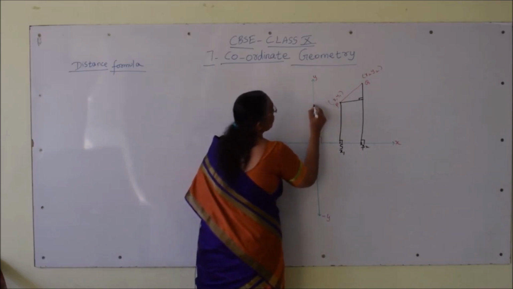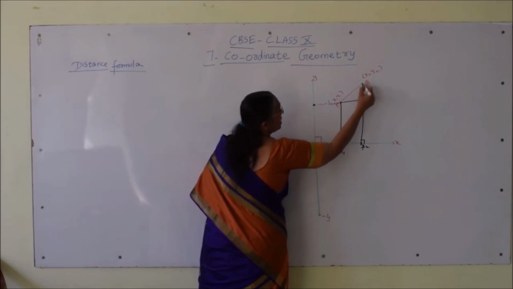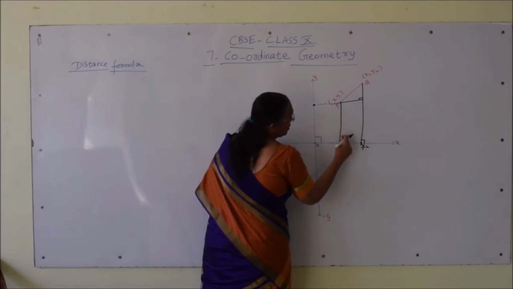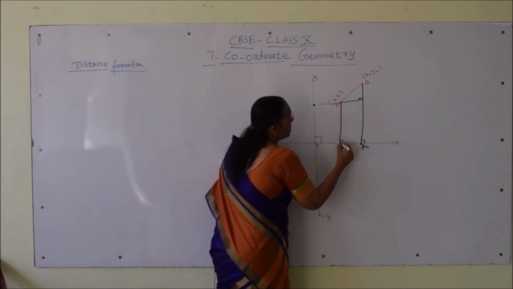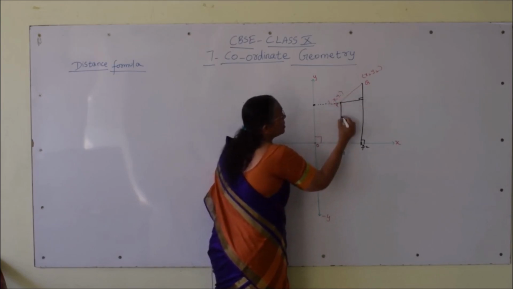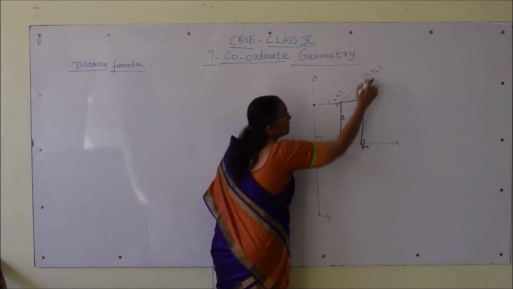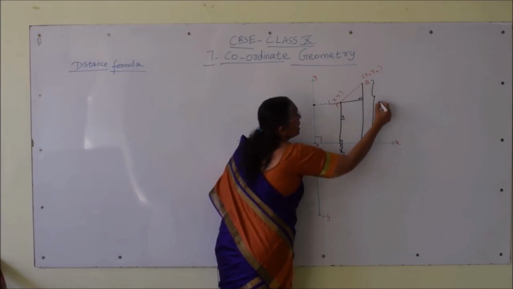Similarly, let me join this one here. This is the point. Here is one point, let me join. This distance is the distance of the point from the x-axis, which is y1. And the distance of the point from the x-axis, this full distance QT, is y2.